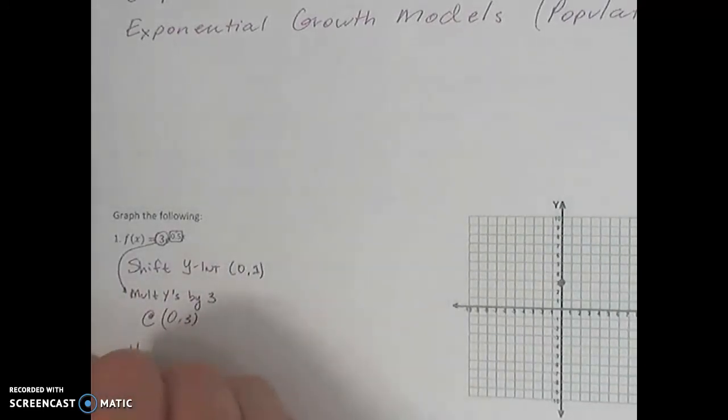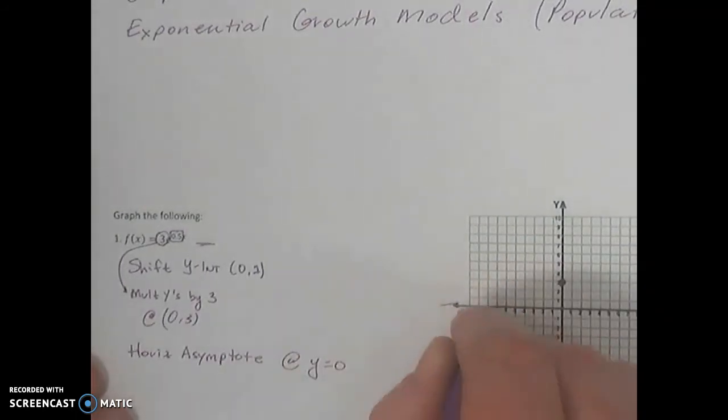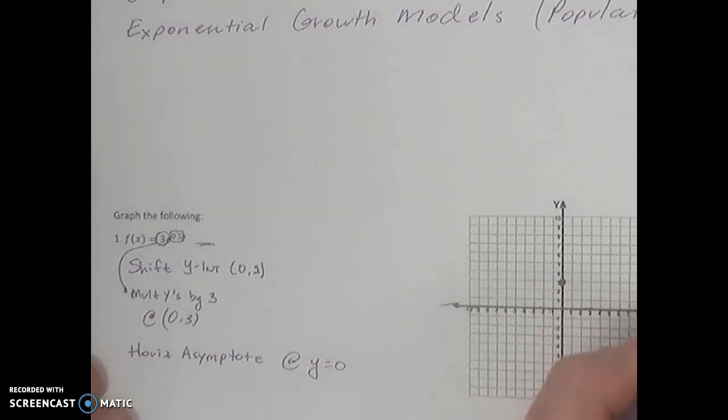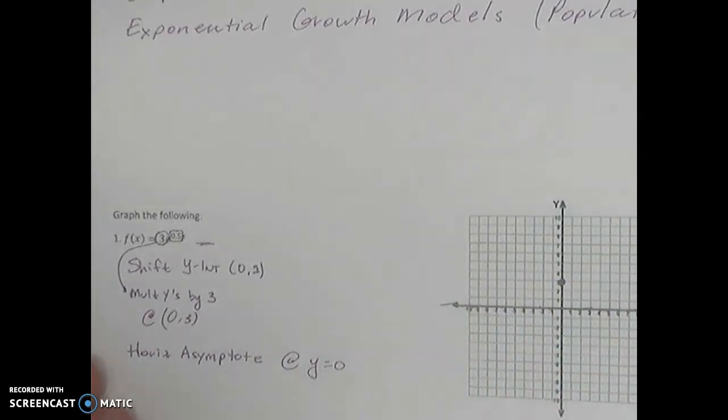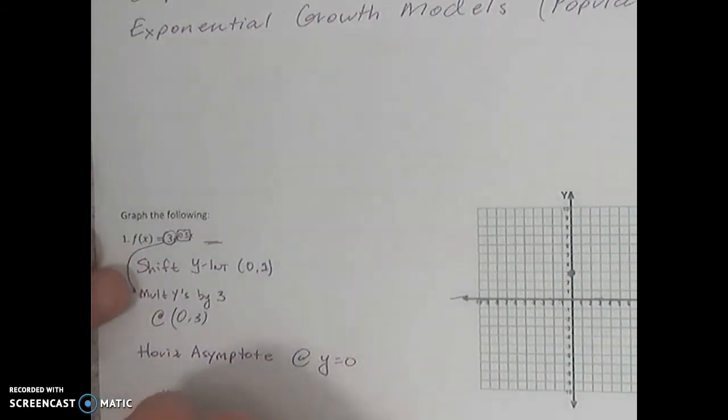Our horizontal asymptote would only be affected by a vertical shift. We don't have a vertical shift, so our horizontal asymptote will still be at y equals 0. And now we need 2 points going away, 1 point going toward the asymptote. So we plug in x equals 1.